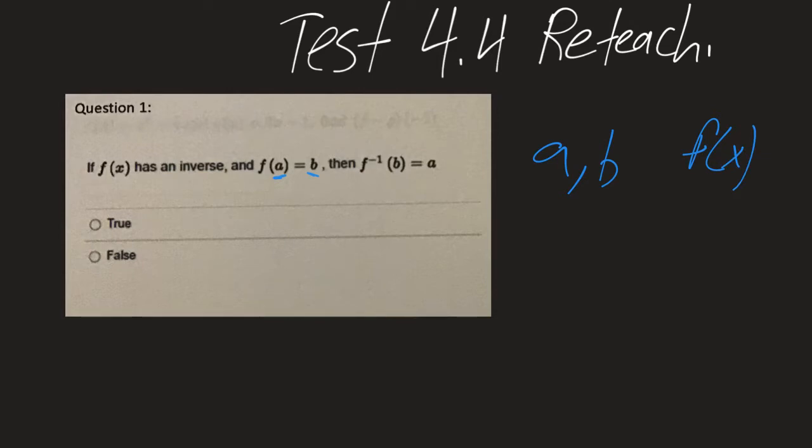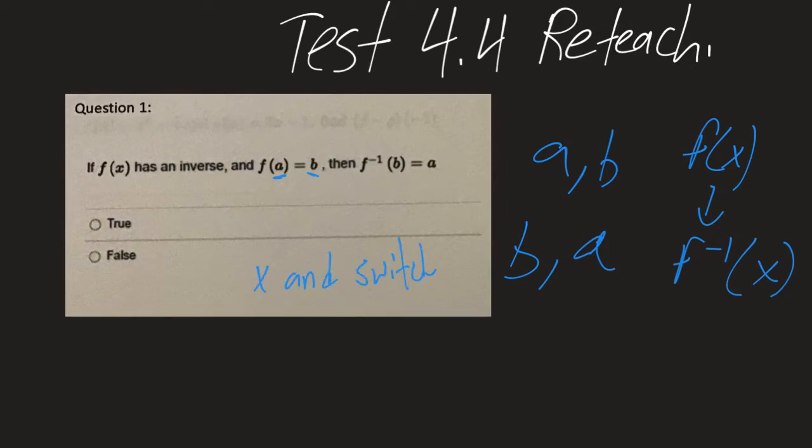And on your inverse, remember those two should switch. And that's all there is to it. Your x and y switch for the inverse. So this is definitely true, and it's just that the x and y from a function to the inverse are switched.